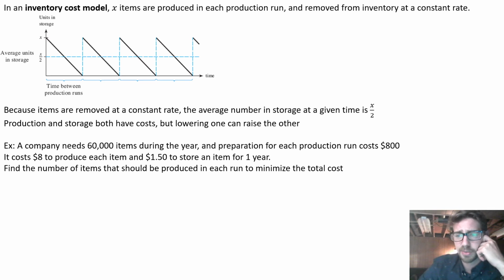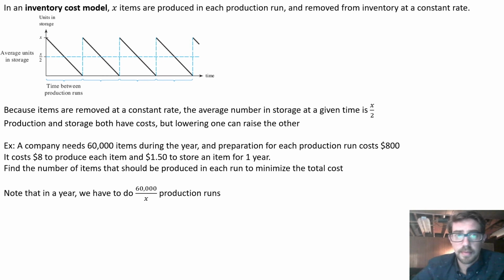Okay, so we got to put some stuff together here. Again, this is the tricky part. All right, so we're producing X items every run, but we need a total of 60,000 items. And remember, each production run, we produce the same amount of stuff.